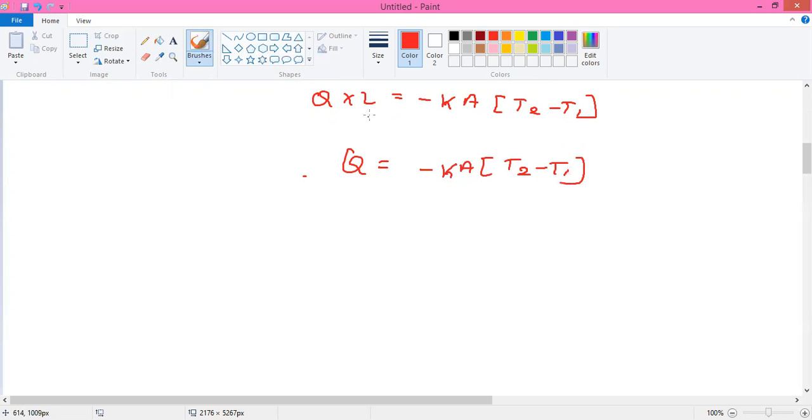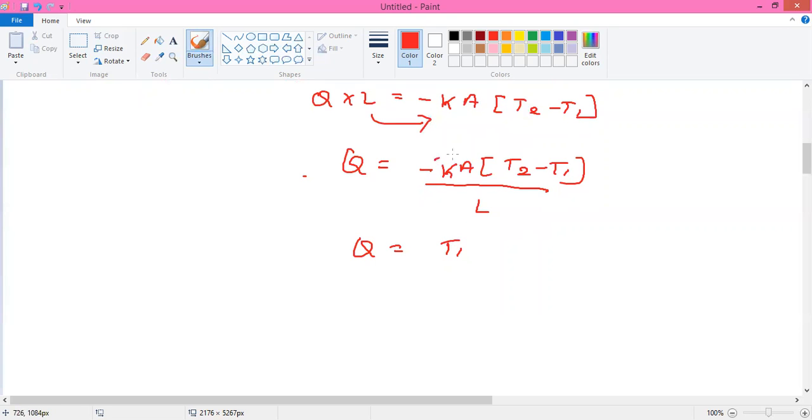The L will move to the other side, so in multiplication it is divided by L. This is the final form, where KA divided by L is represented as L by KA in the denominator.